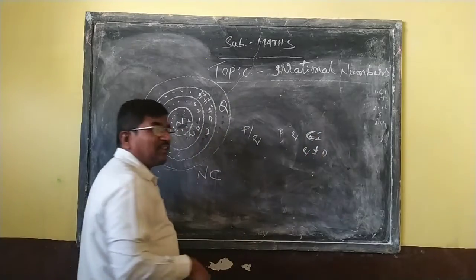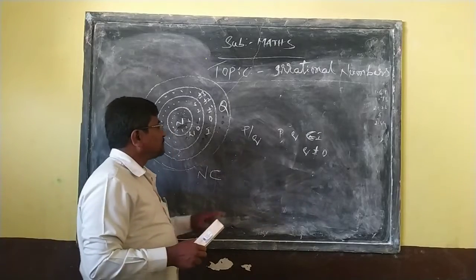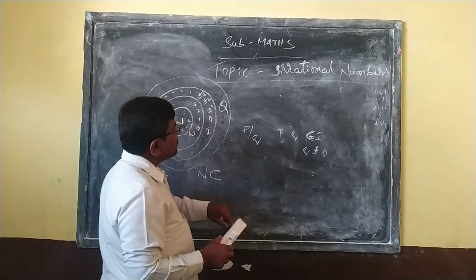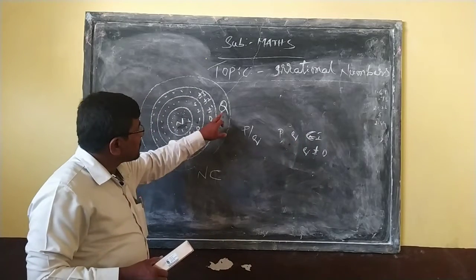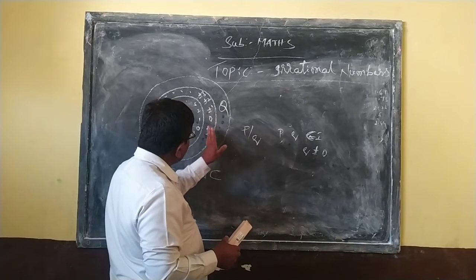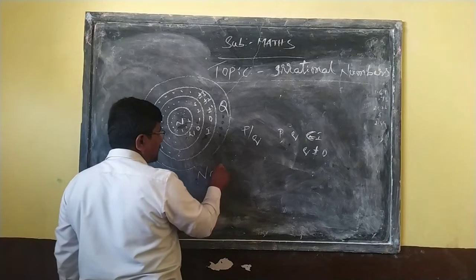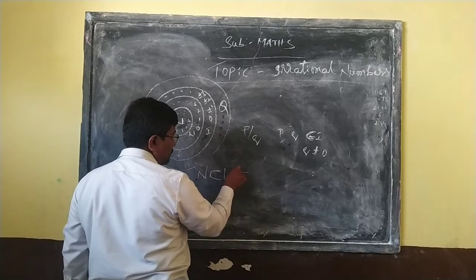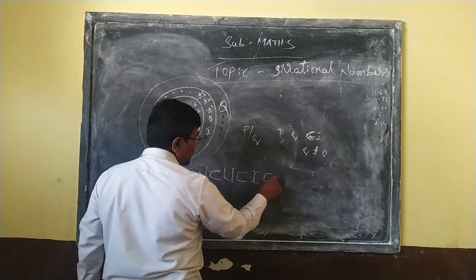I explained everything in the last class; go through that last video so you can understand. That means N is contained in W, contained in I, contained in Q.